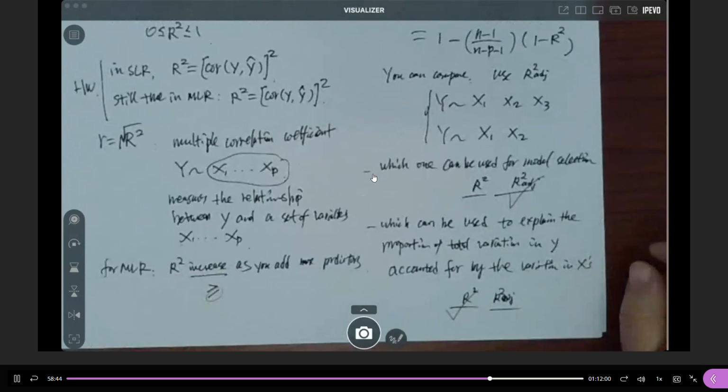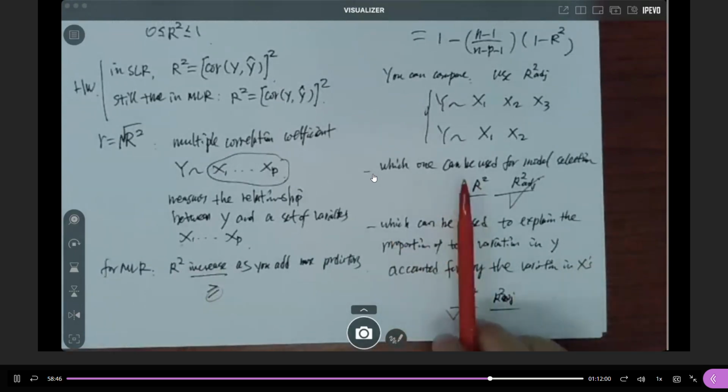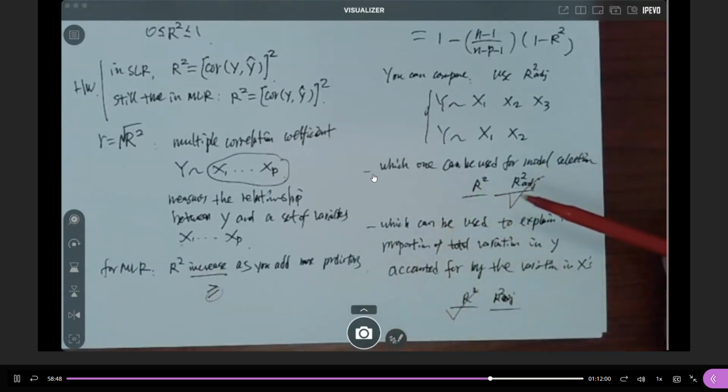Which one? Regular R squared, exactly, okay?